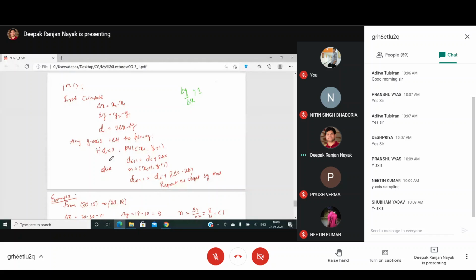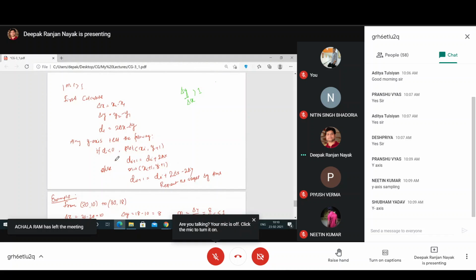If you look at the condition here, if di is less than 0, then you have to plot the pixel xi, yi plus 1, right? And for that particular condition, the next d value, di plus 1, will be di plus 2 del x, please remember.